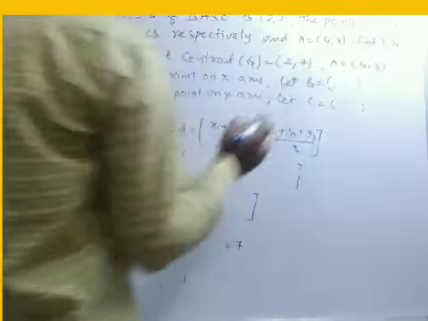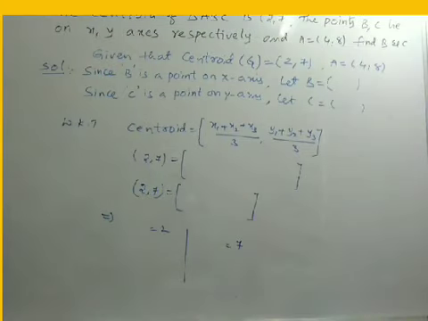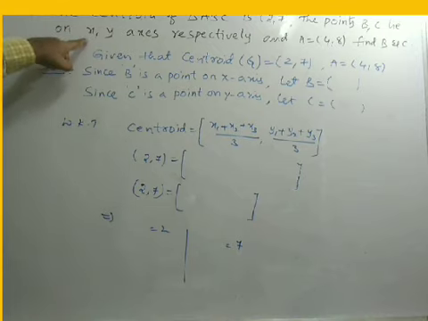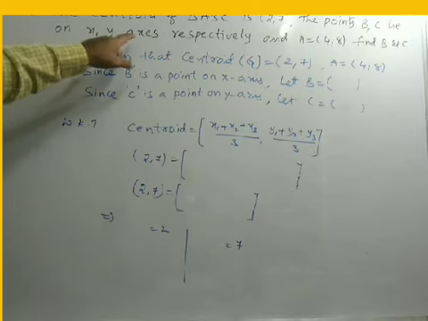The remaining two vertices we need to find, that is capital B and capital C. For that, some conditions are given: capital B is a point which lies on the x-axis and capital C is a point which lies on the y-axis.